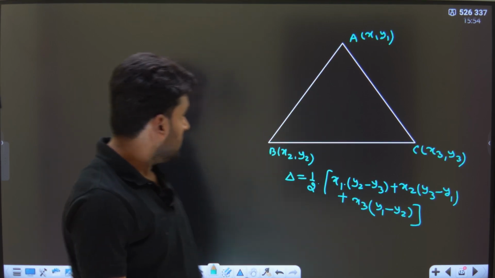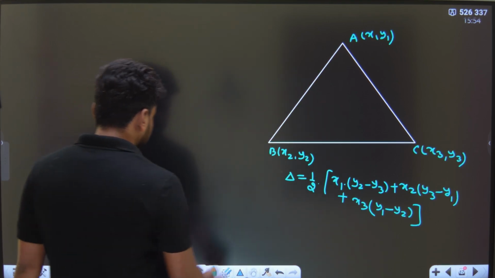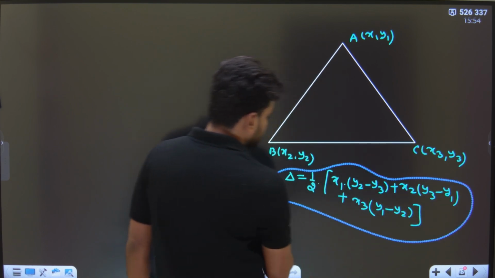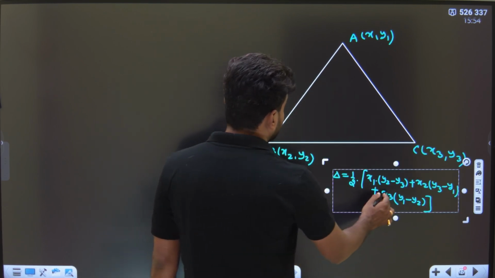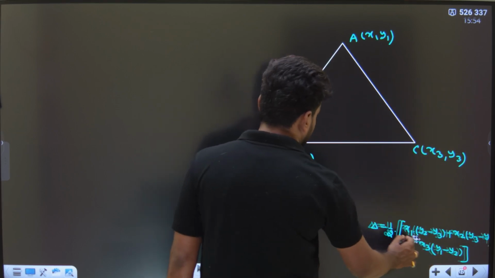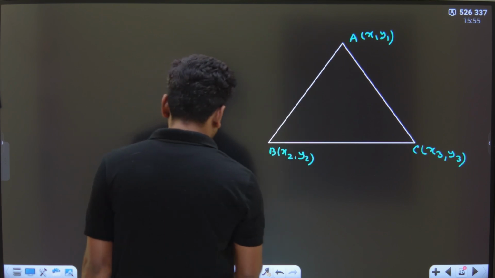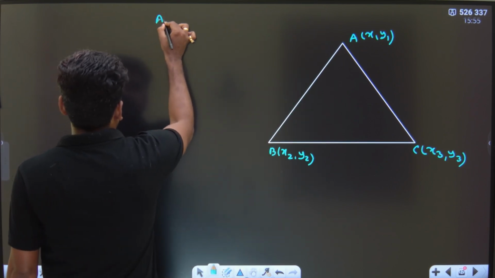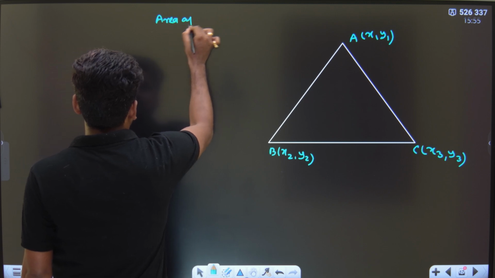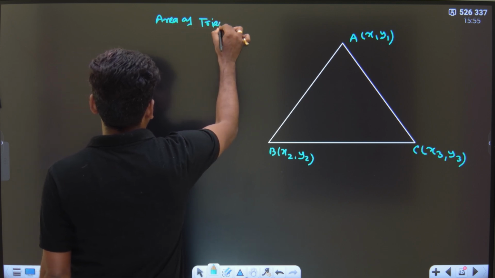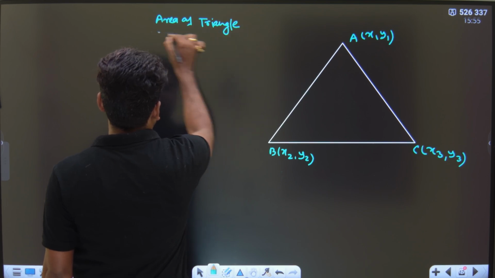But how do we find this area of the triangle? Let us discuss. The topic is the area of a triangle, and how to find it.